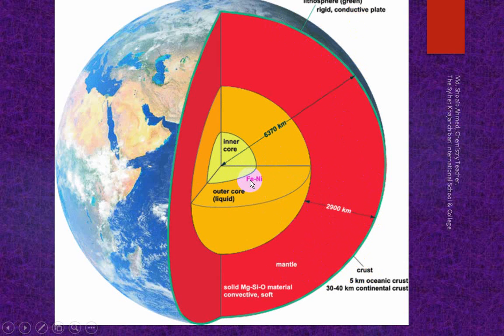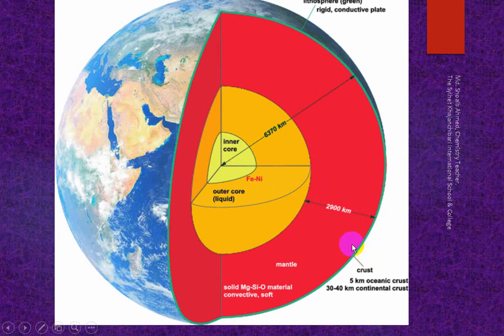In the deep, the inner side of the earth is the core. Core is two parts. Look, yellow color. This is the core, the inner layer. In the middle is the mantle, and the outer layer is the crust.